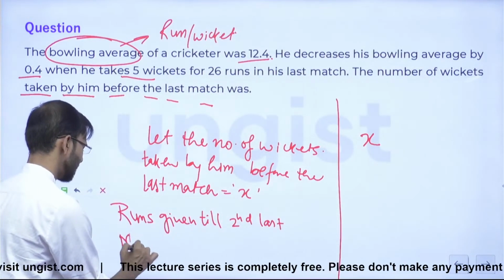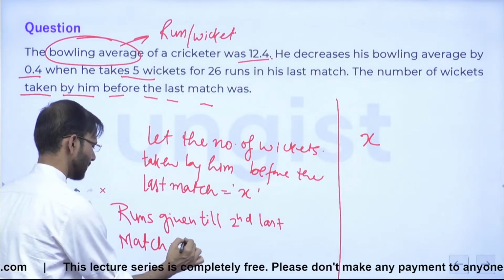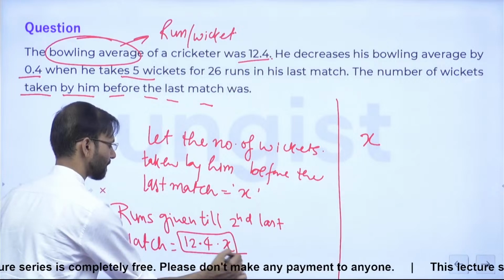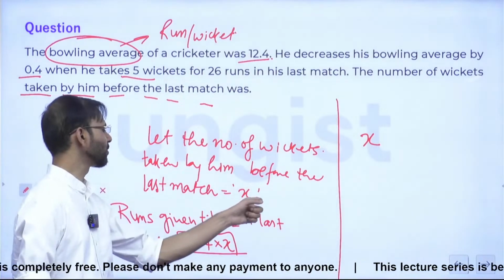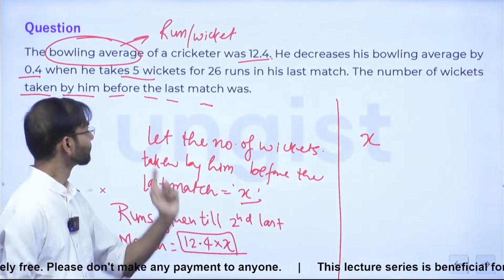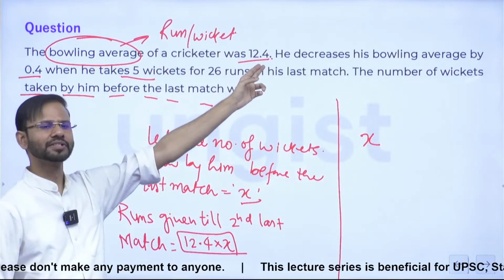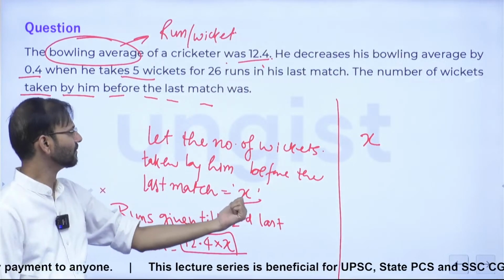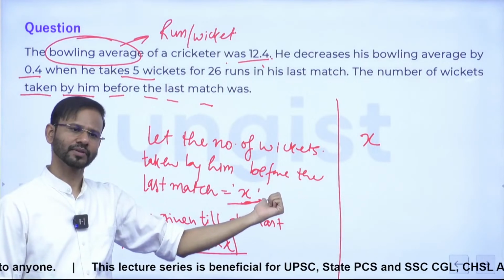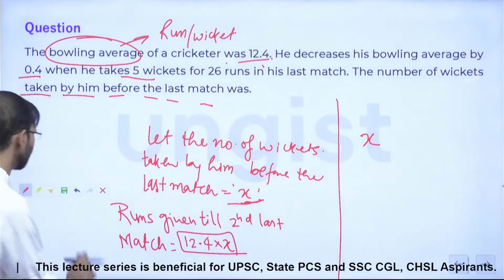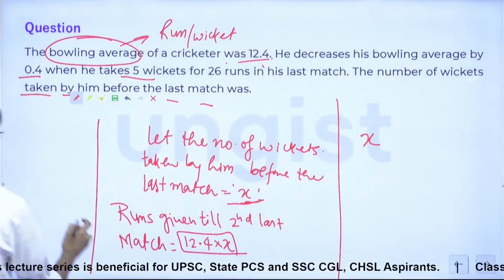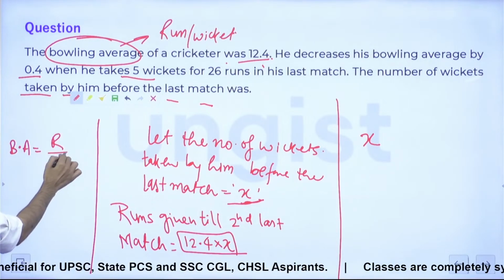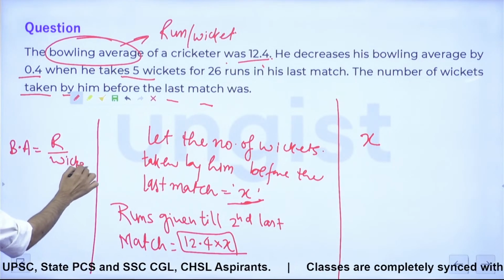Runs given till the second last match was what? This is 12.4 into x, yes or no? Why? Because this is the bowling average. Bowling average is equal to runs given divided by wickets taken, ठीक है?